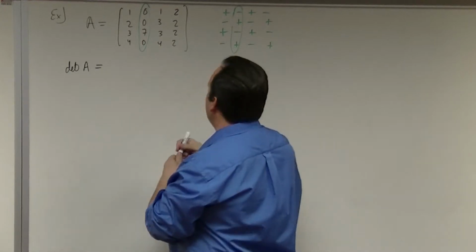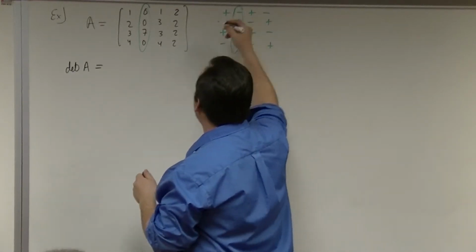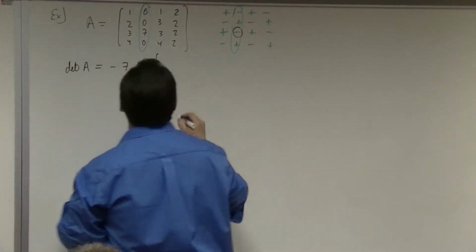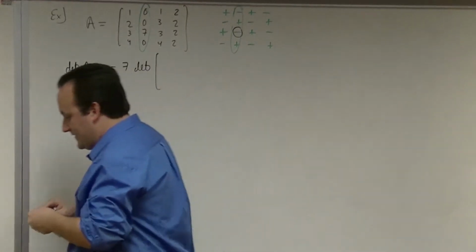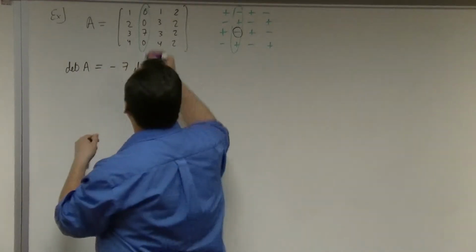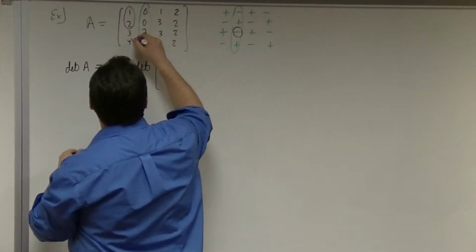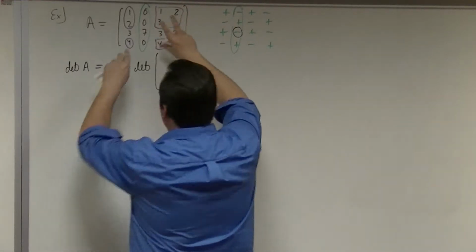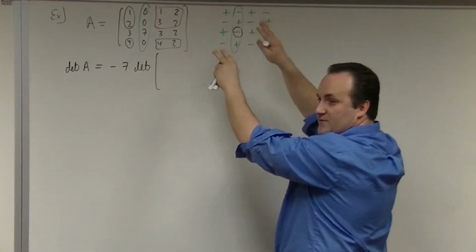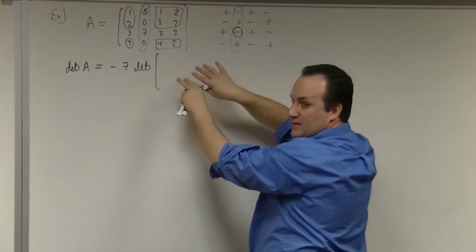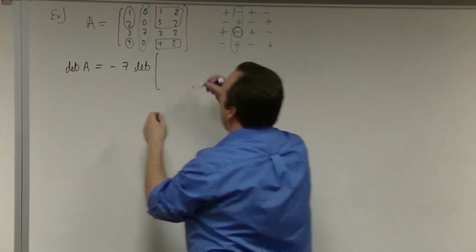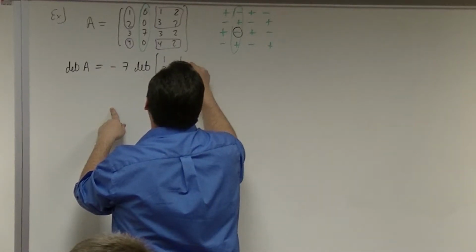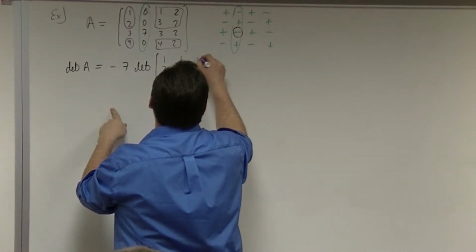The only one I actually care about is the 7. So I have minus 7 times the determinant of what? Everything that's not in the 7's column and row. You just keep them in their respective positions and put them in this 3x3 determinant, the so-called submatrix: 1, 2, 4, 1, 3, 4, 2, 2, 2.